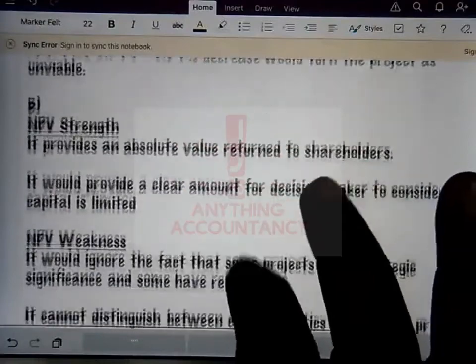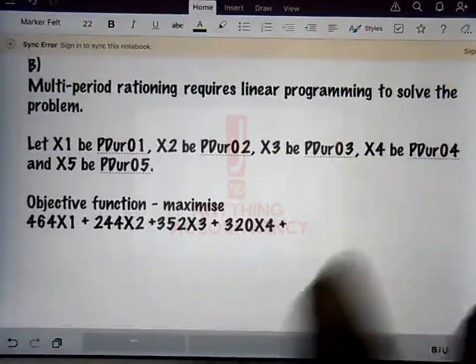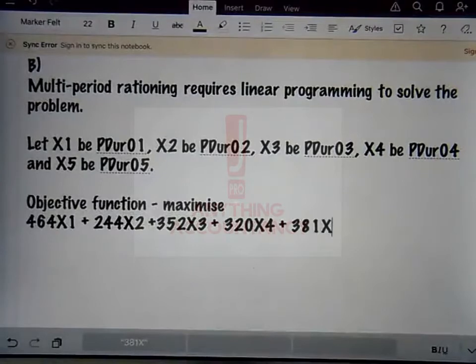Ours was 381. Are we clear as well? Got it? Okay, that's your objective function. Maximize this.